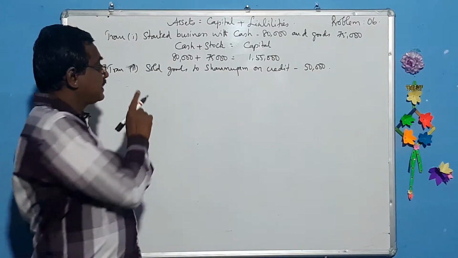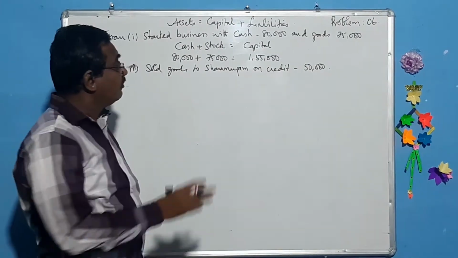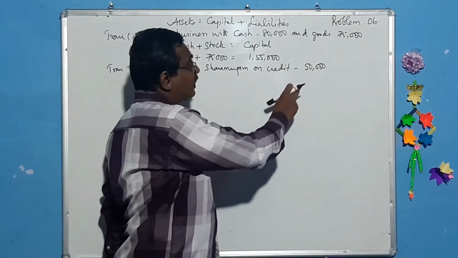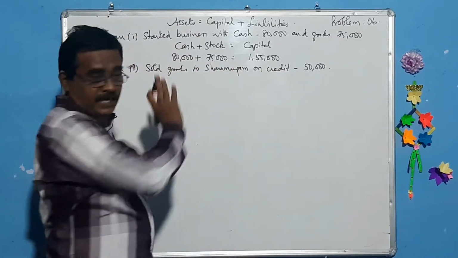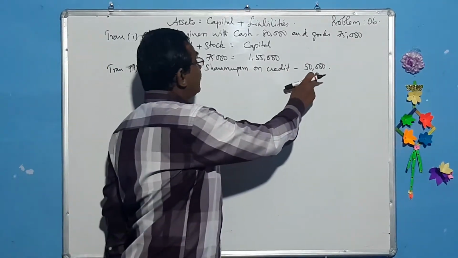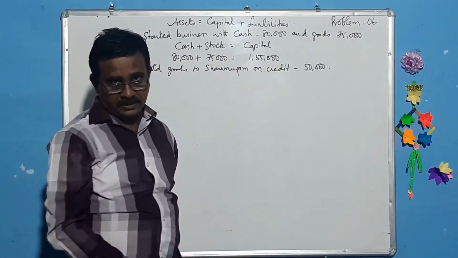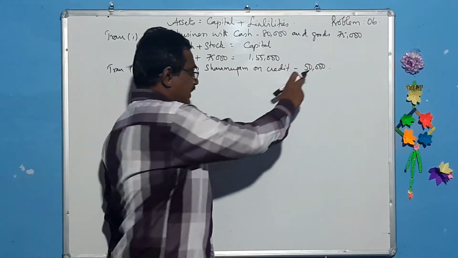Try to understand the transaction first. We have taken goods worth rupees 50,000 from stock. So this 50,000 should be subtracted from stock. And I hope you have understood this.